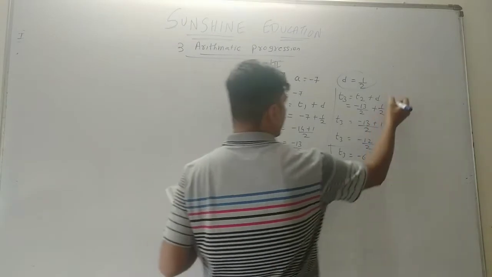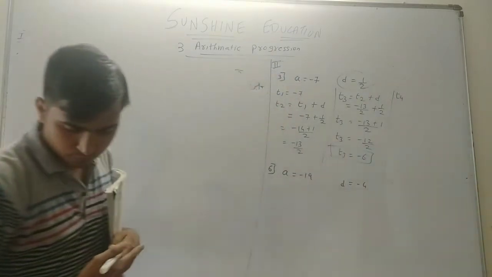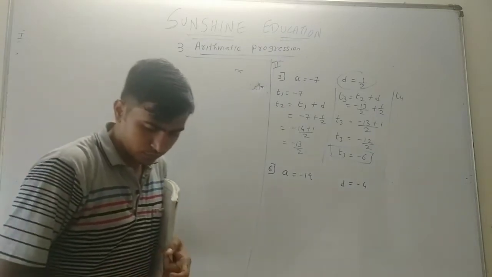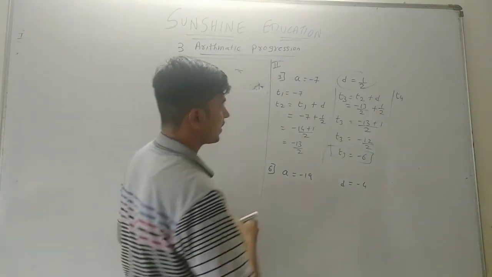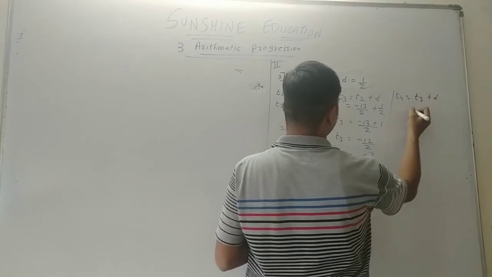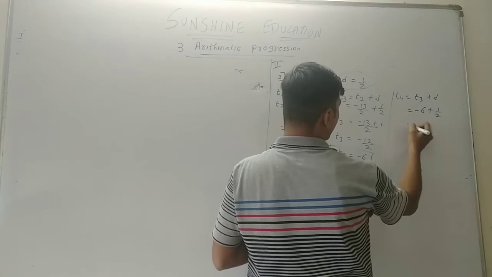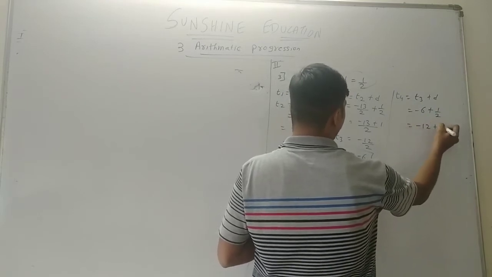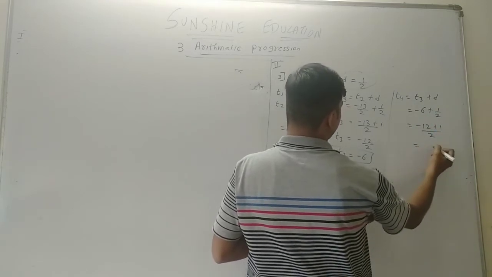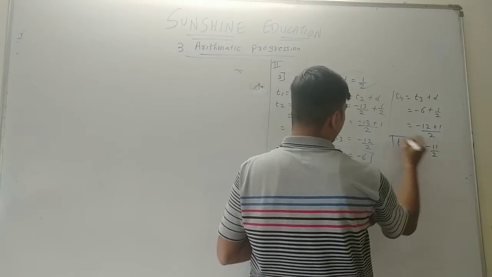Okay, now I will find out one more term, that is t4. t4 is t3 plus d. What is t3? Minus 6 plus d is 1 upon 2. Minus 12 plus 1 upon 2, that is minus 11 upon 2.